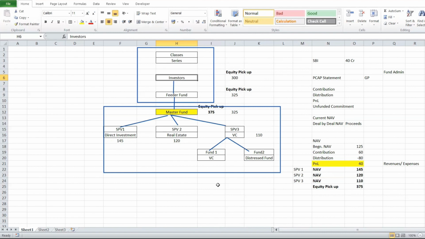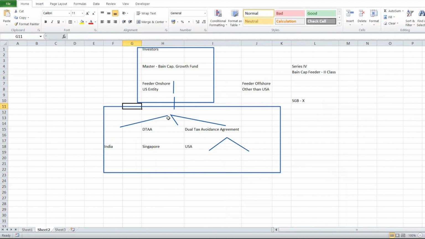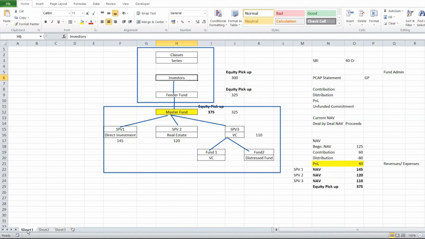So this structure you should always keep in your mind whenever you are discussing master feeder structure. And the fund of fund also you understood. These are the key elements of your PCAP statement, and how to calculate the NAV.